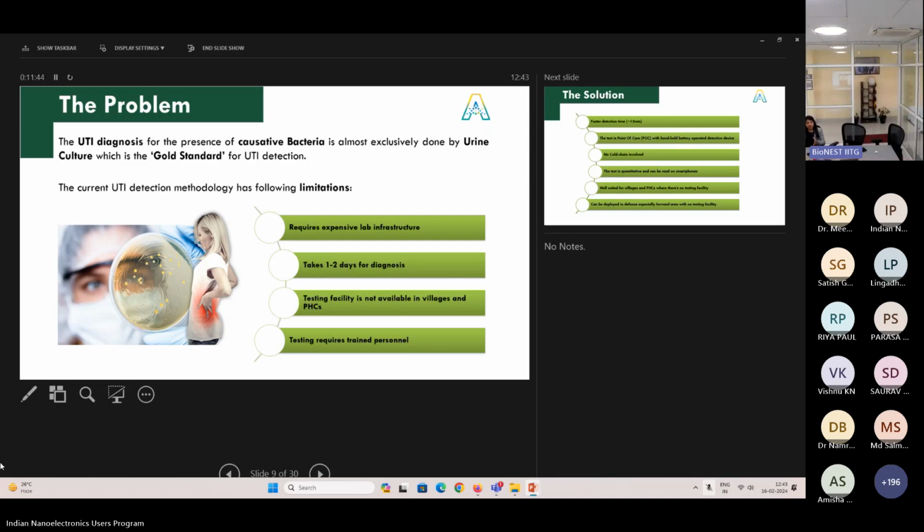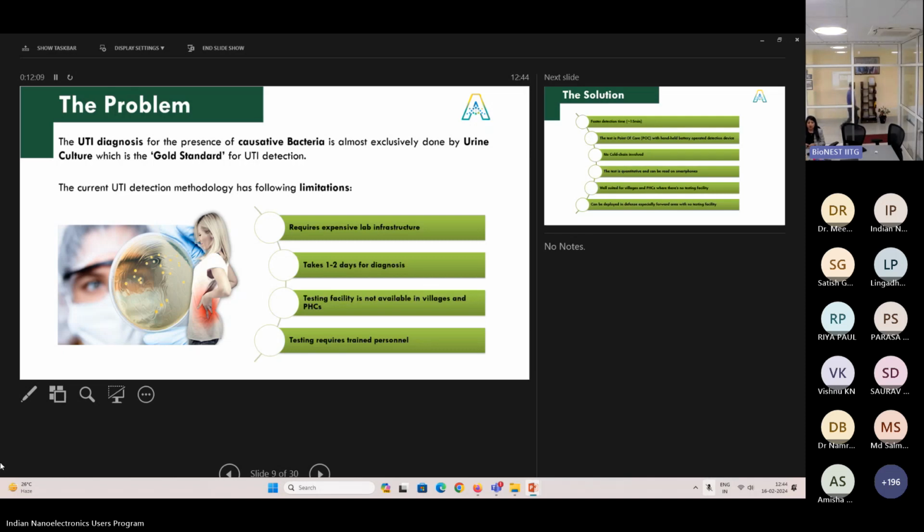So very easily they get infected with UTI bacteria, and at that point of time you really need faster diagnosis. If you wait for 18 hours, that patient might even die. Doctors cannot administer antibiotics, at least to post-operative patients, until they know the results. So that was the first pain point.